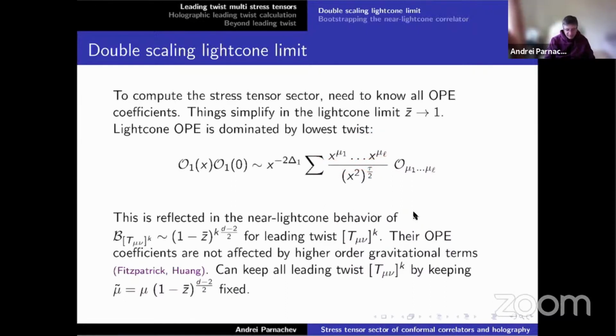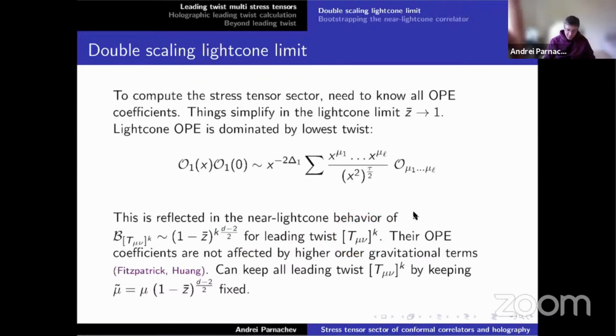And this is reflected in the near-lightcone behavior of the conformal blocks. So the near-lightcone behavior, as z bar goes to 1, goes like 1 minus z bar to the power k times d minus 2 over 2 for leading twist operators, T to the k. So these are the operators that I'm going to look at. And they're interesting for a variety of reasons.